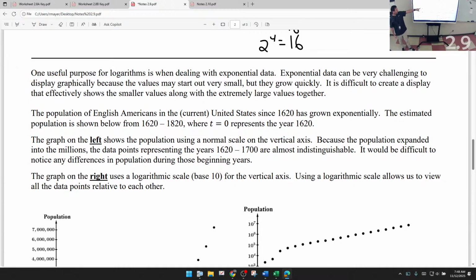So the population of English Americans in the current United States since 1620 has grown exponentially. The estimated population is shown from 1620 to 1820, where t equals 0 represents 1620. I wish they would have made t equals 0 equal to 1600, but they didn't. t equals 0 is 1620.